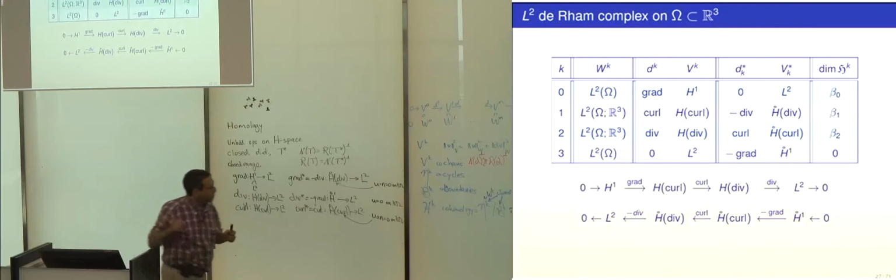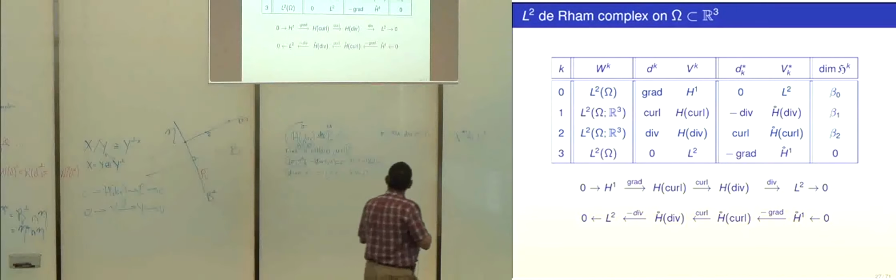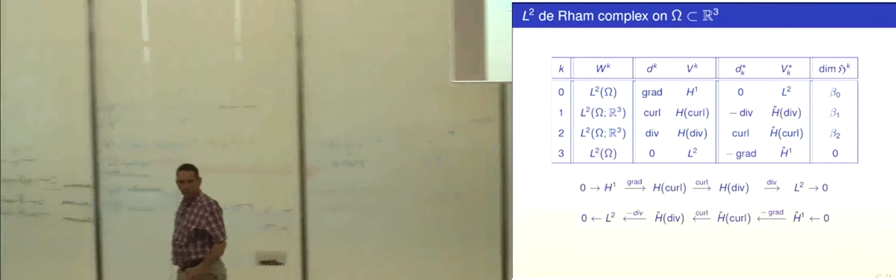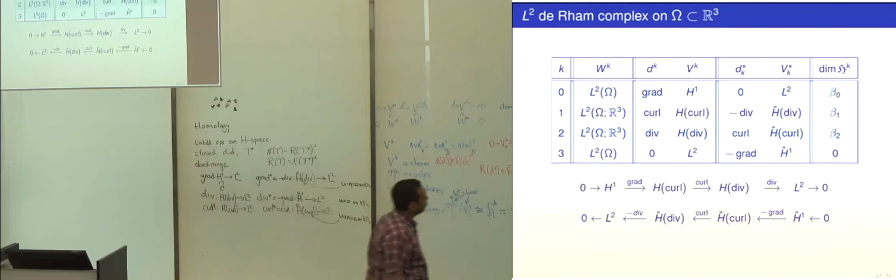Yeah, I guess I can say something about this now. Let me wait for a slide and then I'll do it. That's a very good question. We should know precisely what the harmonic forms are. Let's do the first row.